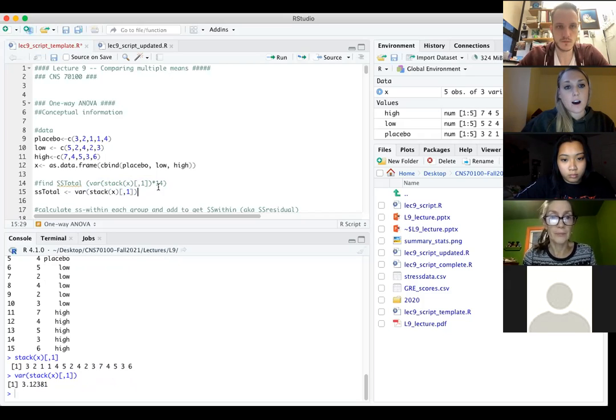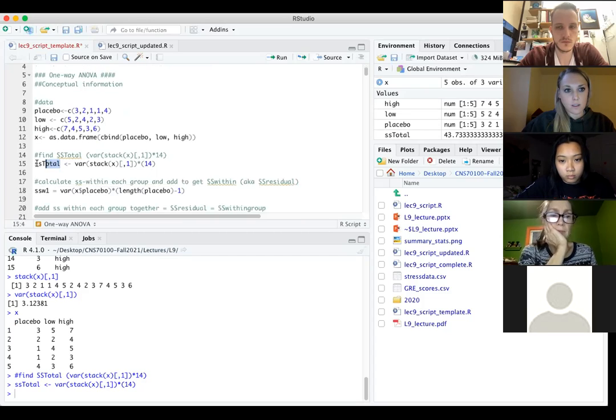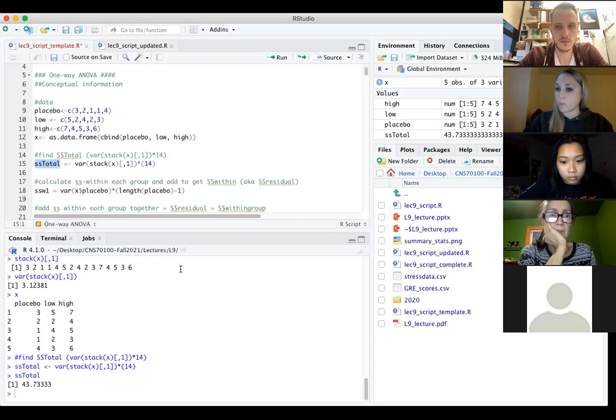And then we can multiply it by n minus 1. So how many total values do we have? Do you remember? Even if we just look at this, 15. So 15 minus 1 is 14. So we know that's going to give us sums of squares total. You should come up with 43.73.